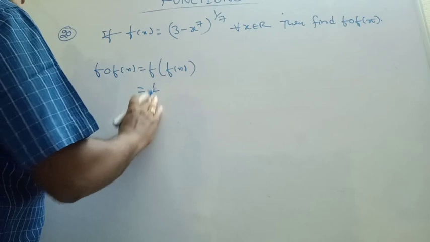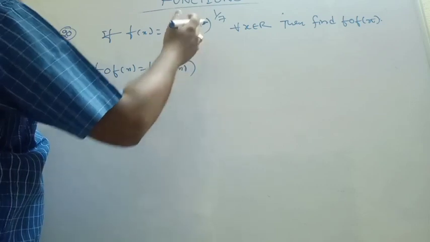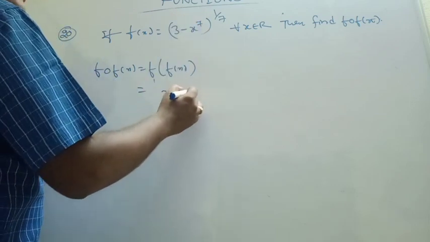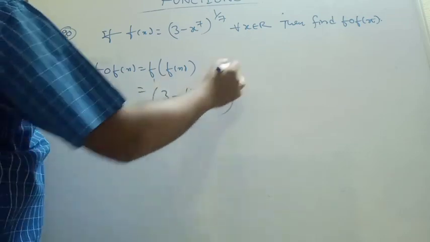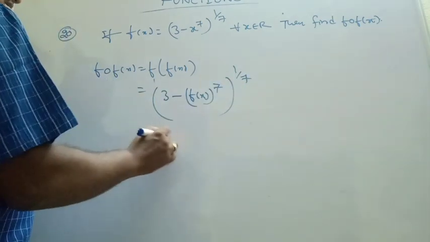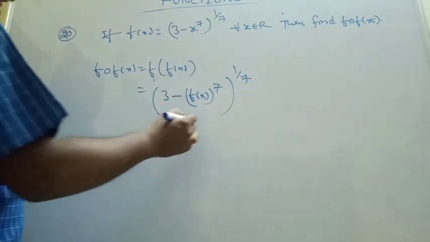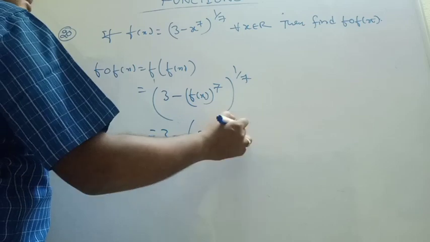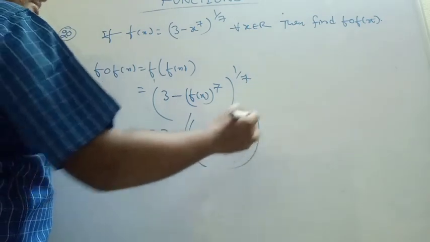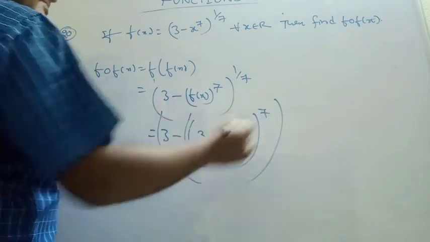That means wherever x is there, you have to replace it by f of x. That means 3 minus f of x whole power 7, whole power 1 by 7. Now 3 minus, what is f of x? Once again we write that: 3 minus x power 7 whole power 1 by 7, whole power 7, whole power 1 by 7.